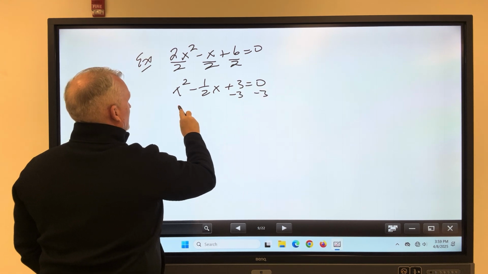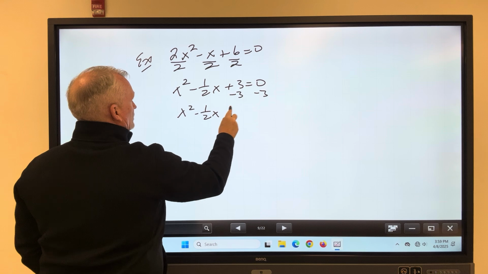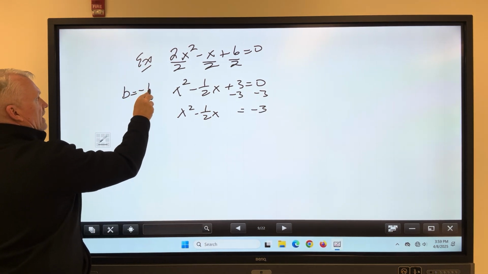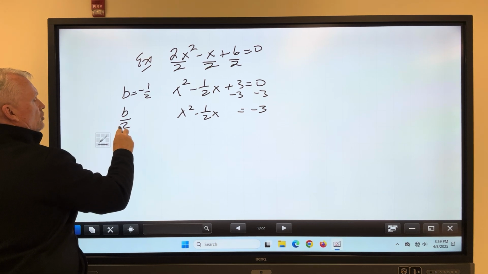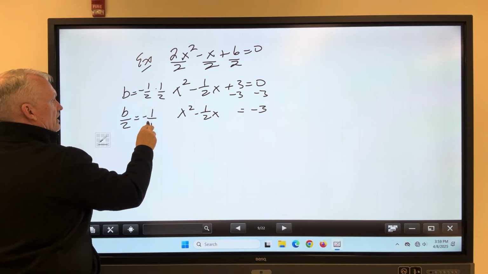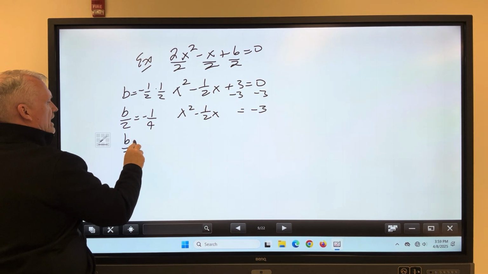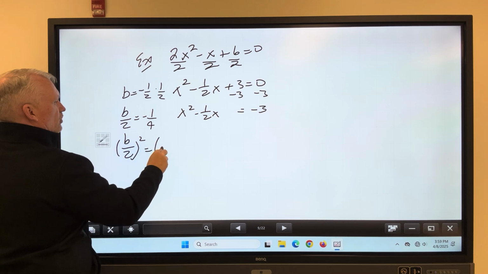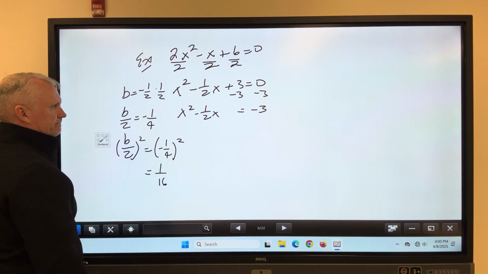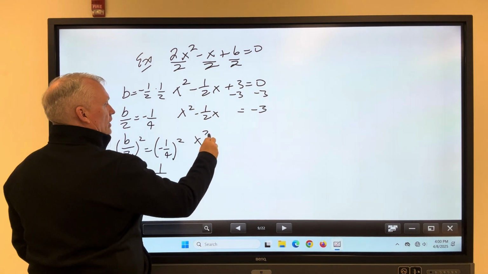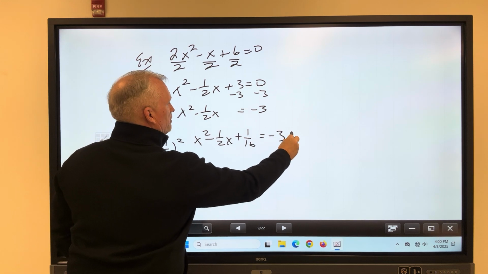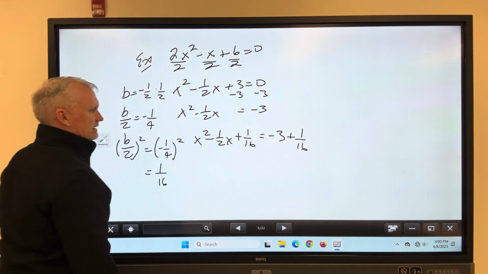Subtract 3. x squared minus 1/2 x is equal to negative 3, sorry. b is equal to negative 1/2. b over 2, which is like multiplying by 1/2, is negative 1/4. b over 2 squared is negative 1/4 squared, which is 1 over 16. Add that to both sides. x squared minus 1/2 x plus 1/16 is equal to negative 3 plus 1/16.